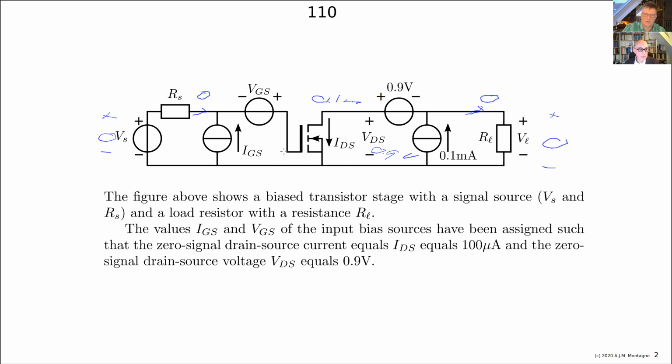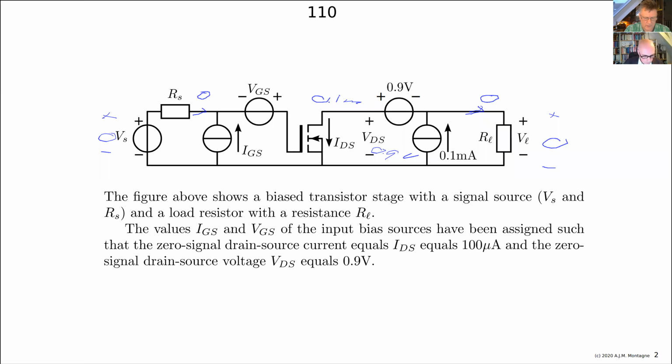Have I explained it clearly now? So this is the whole idea of the biasing: to create an operating point that is insensitive to the termination of the port, because we have 0 voltage and current conditions at this port.